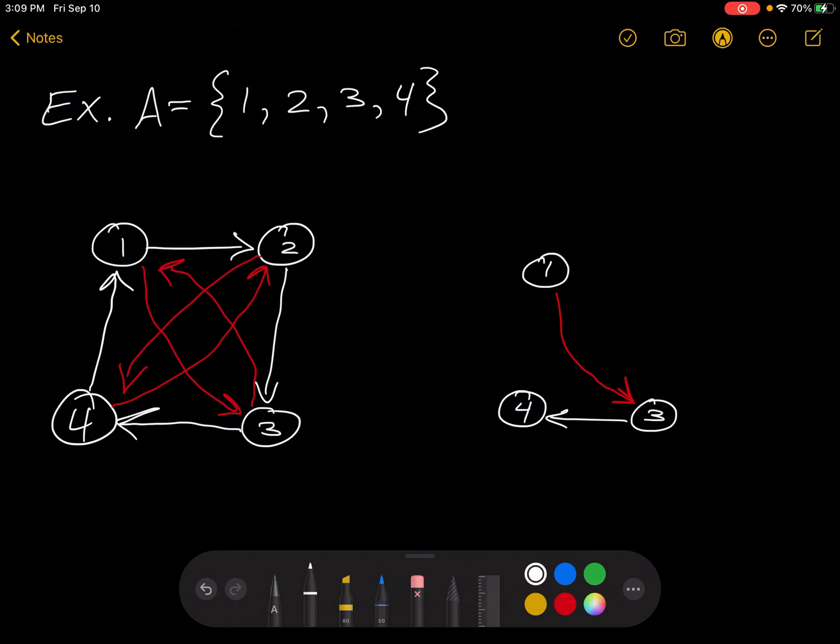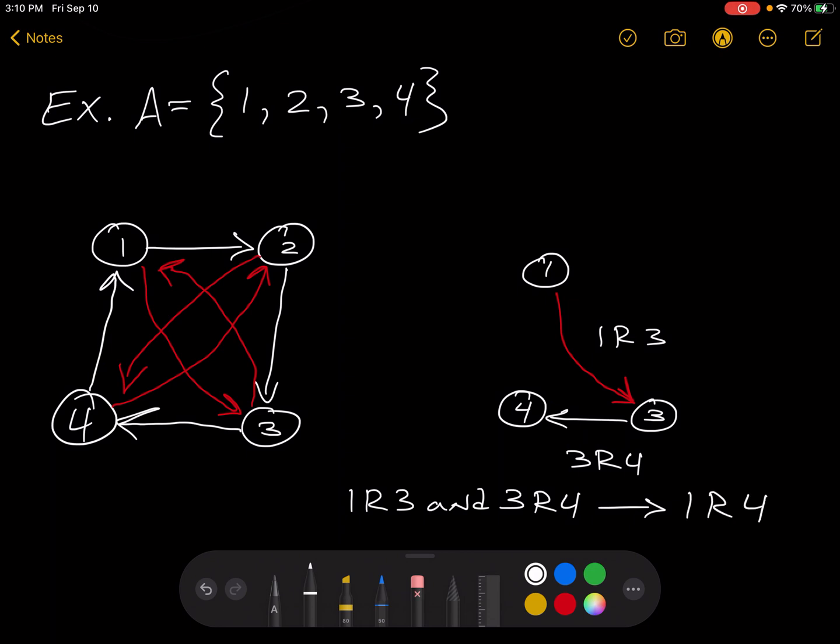So what this is, 1 is related to 3, 1R3, and 3R4. So let's see, our statement would say 1R3 and 3R4. Then what do we need? We need 1R4. So we need that edge. So I'll add that in over here on the left. So there it is.